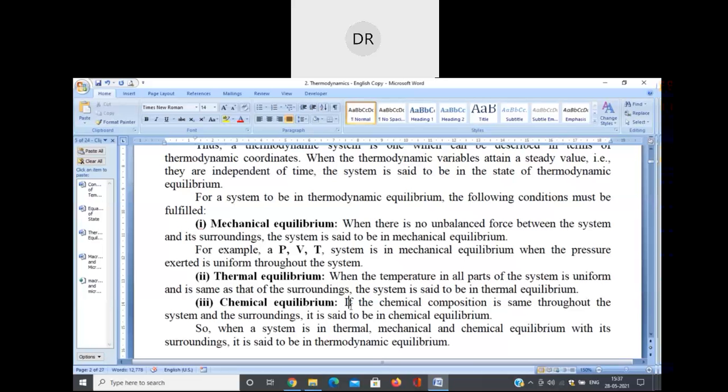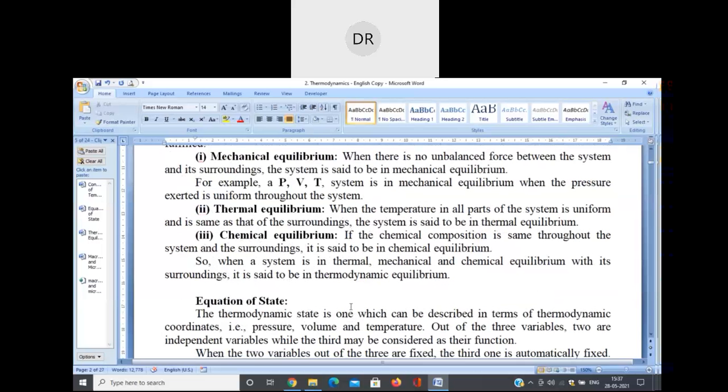Those molecules do not differ from one place to another. That means the system is said to be in chemical equilibrium. So when all these three equilibriums are satisfied, the thermodynamic system is said to be in thermodynamic equilibrium.